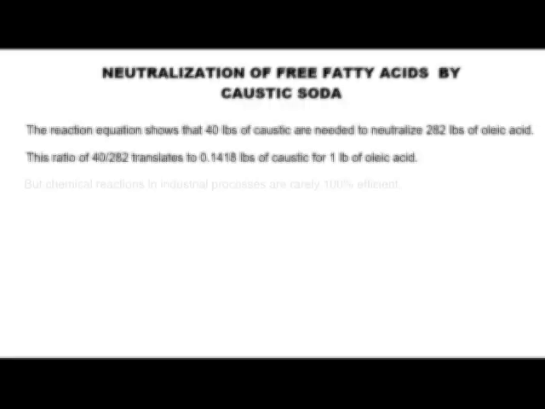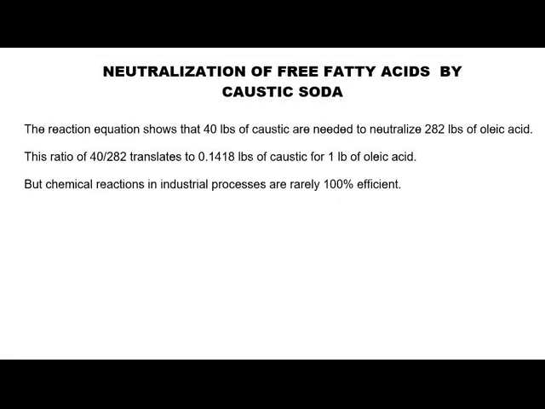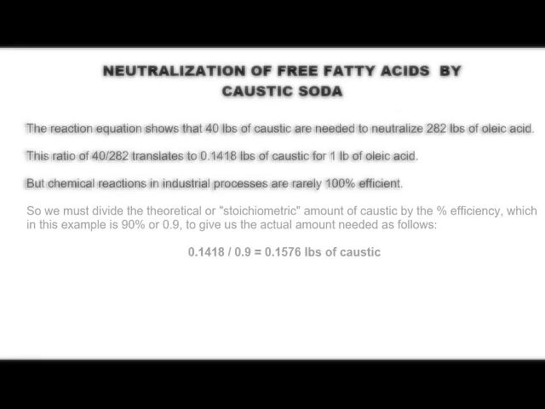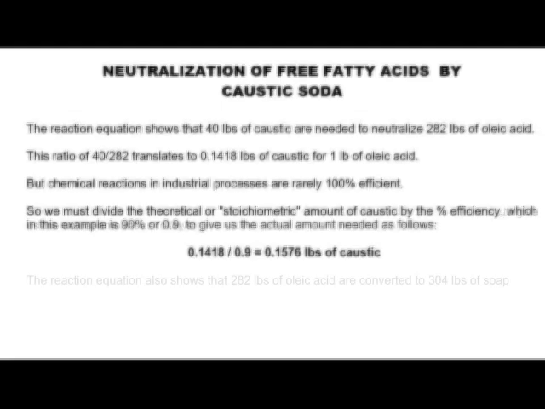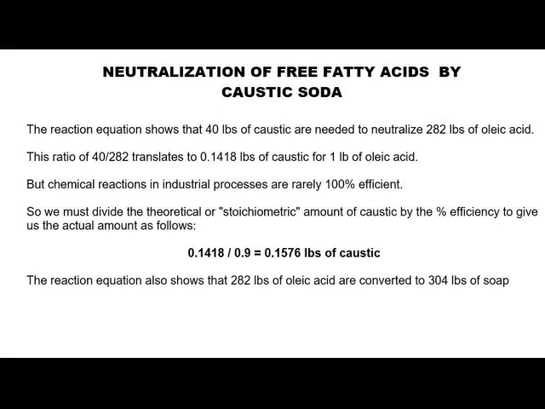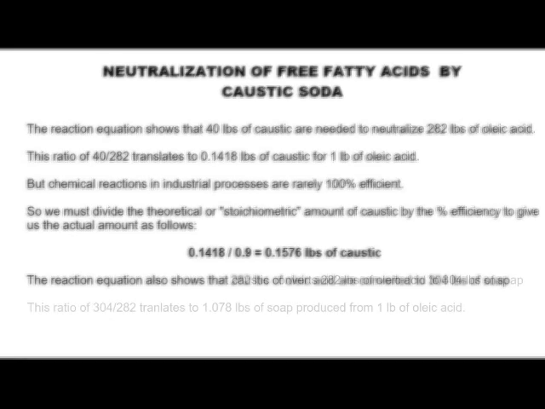But chemical reactions in industrial processes are rarely 100% efficient. So we must divide the theoretical, or stoichiometric amount of caustic by the percent efficiency, which in this example is 90% or 0.9, to give us the actual amount needed as shown here. The reaction equation also shows that 282 pounds of oleic acid are converted to 304 pounds of soap.